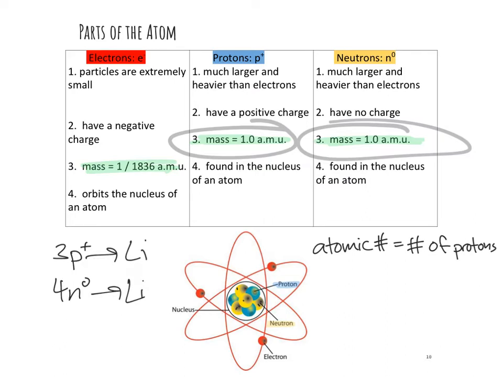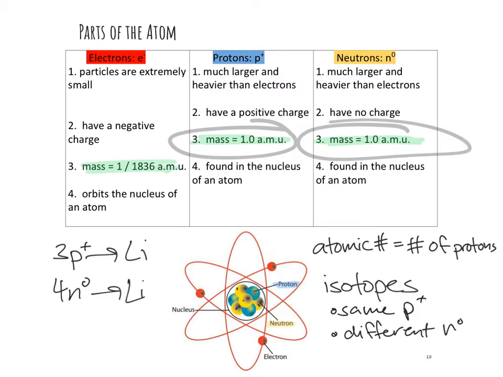You could have lithium with 3 neutrons or lithium with 5 neutrons, and they would still all be lithium. These are called isotopes of lithium. So they have the same number of protons, but different numbers of neutrons.